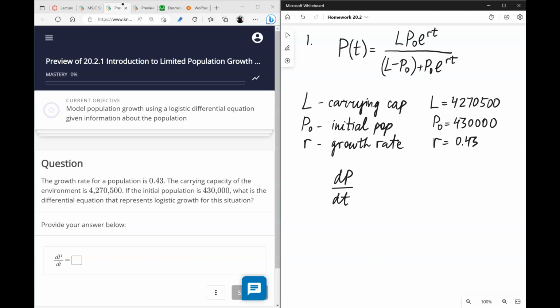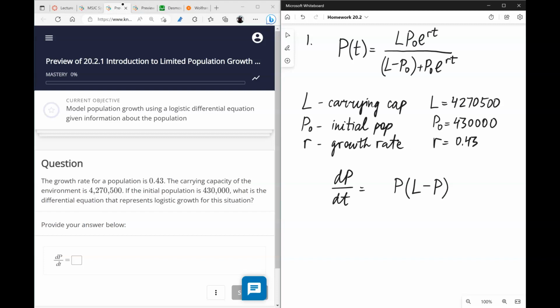this particular exercise is asking us to write the equation, and the equation you can remember or you don't have to, but the idea is that the rate of change must be equal to 0 when the population is 0, but it also must be 0 when you are at the carrying capacity.